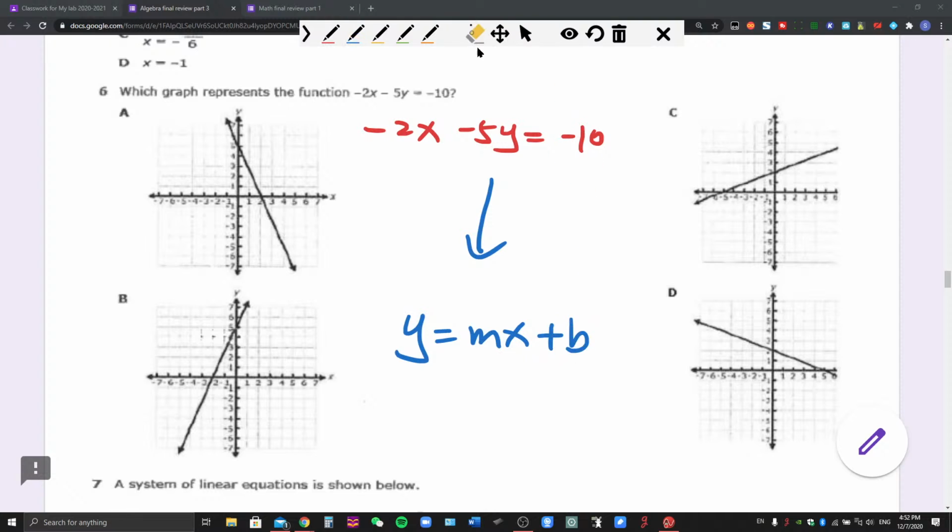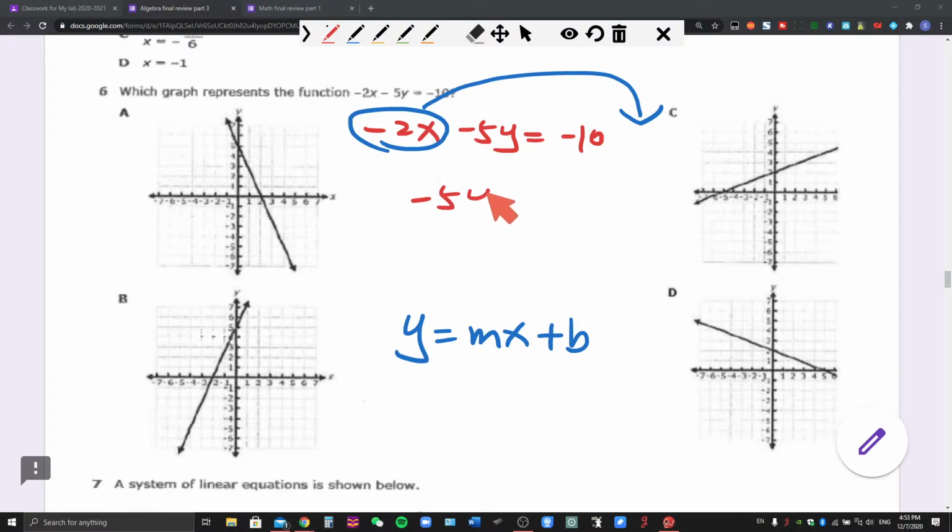Well, let's do the first thing. Let's rewrite this into the form. Remember, to do that, we want just y on one side. We don't want this negative 2x, so we move this negative 2x to the other side, and that will flip. So you have negative 5y equals negative 10 plus 2x.